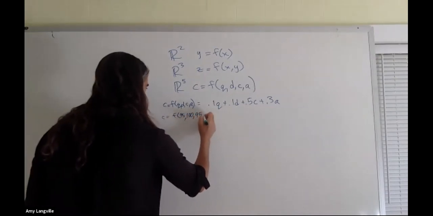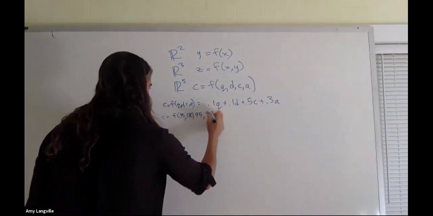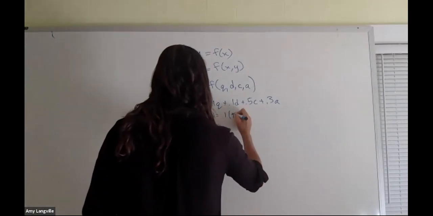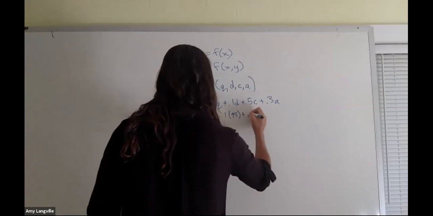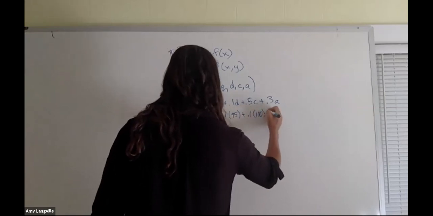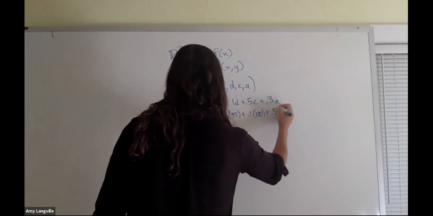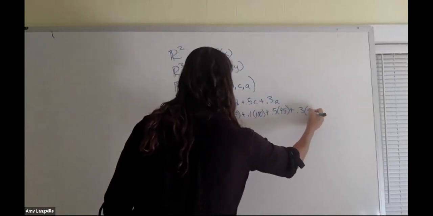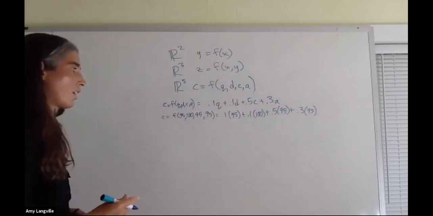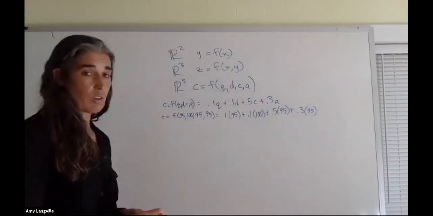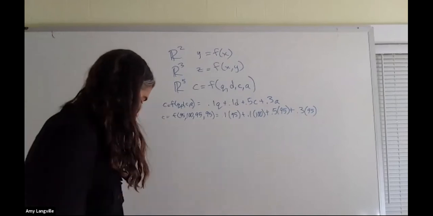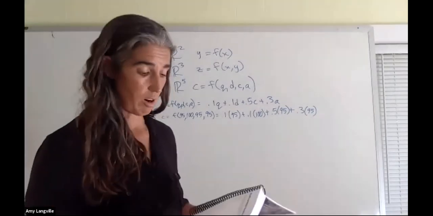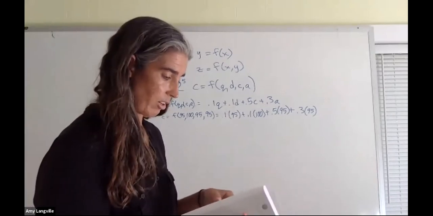Challenges, 95. Activities, 95. We would plug them into this function: 0.1 times the 95 for the quizzes, plus 0.1 times the 100 for the discussion, plus 0.5 times the 95 for the challenge problems, plus 0.3 times the 95. We can calculate that and get a calculus grade score.